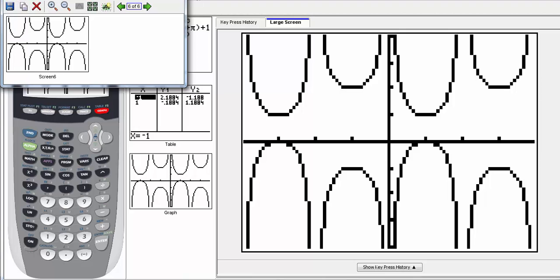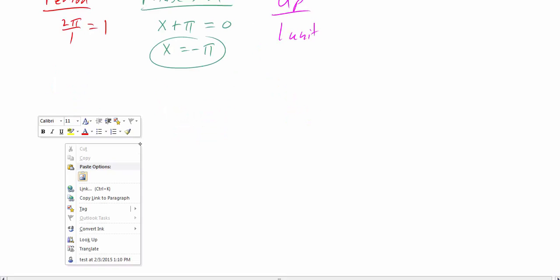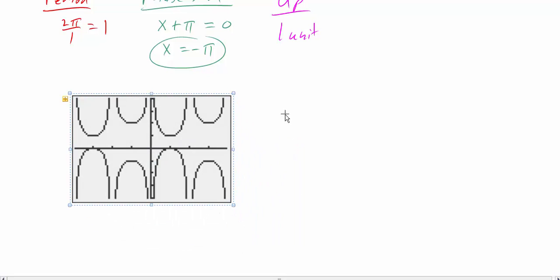So let's copy this over. So the graph of y equals cosecant x, that would be this graph here.